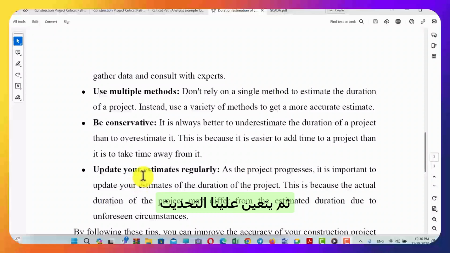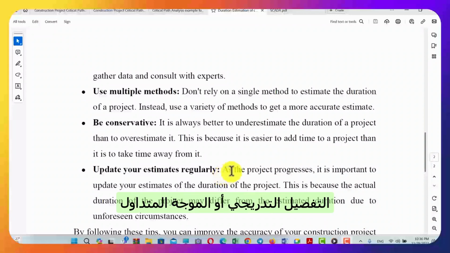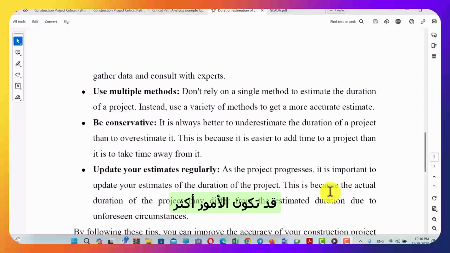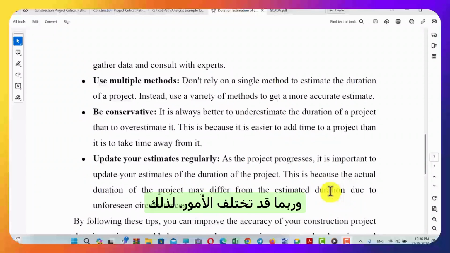Then we have to update the estimates regularly. This again is because of the concept of progressive elaboration or rolling wave planning. So as the project progresses, it's important to update the estimates of the duration of the project because things get progressively elaborated and things might be more clear as we move forward. Okay, and probably things might differ.